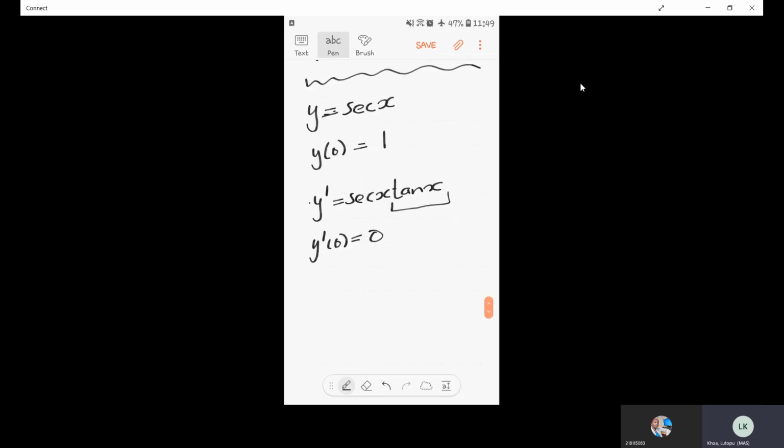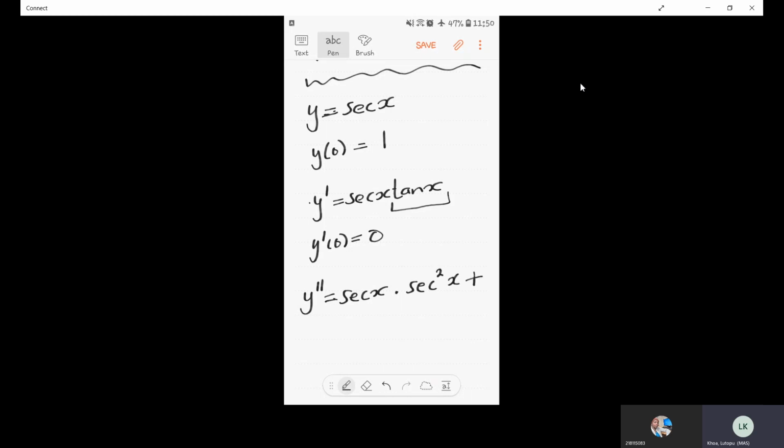Then the second derivative. To work this one out, I need to use the product rule. So I will differentiate sec x and multiply that by tan x, and then sec x multiplied by the derivative of tan x. So keep sec x constant, the derivative of tan x is sec squared x.